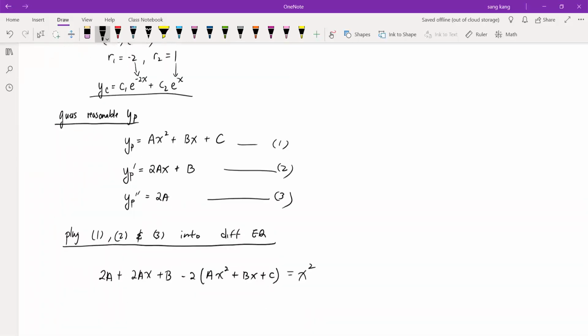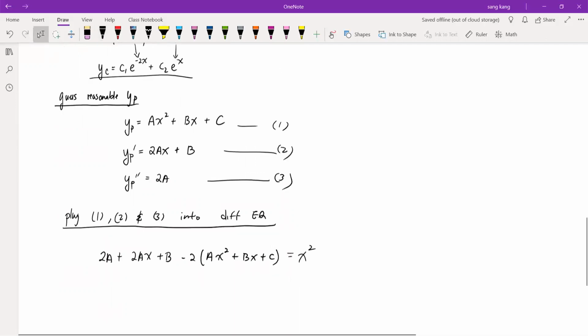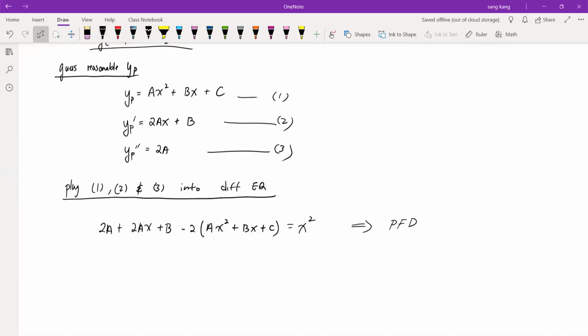Remember, polynomials are equal when the coefficients are equal. We did this when we were doing our partial fraction decomposition. When we were solving for the coefficients, we grouped terms that were alike and then made sure that their coefficients equaled out on the left-hand and right-hand side. We're going to do the same thing here.